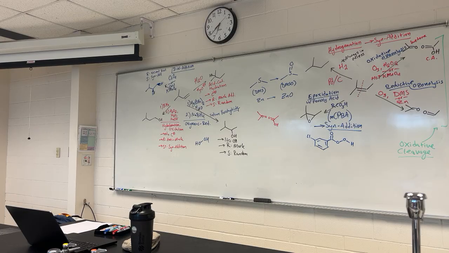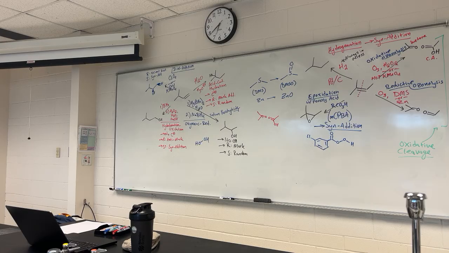This is the right idea, but your carbon chain doesn't look the same. Your carbon chain looks like that. That's just an example alkene. All I need you to do is apply it now to the new carbon chain. If you were mapping your carbons, I would say 1, 2, 3, phenyl.